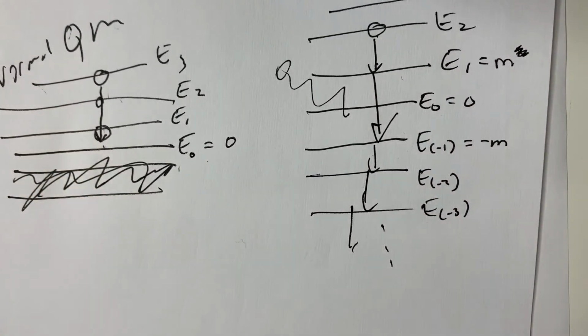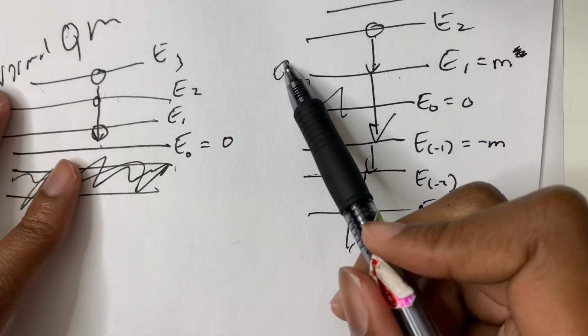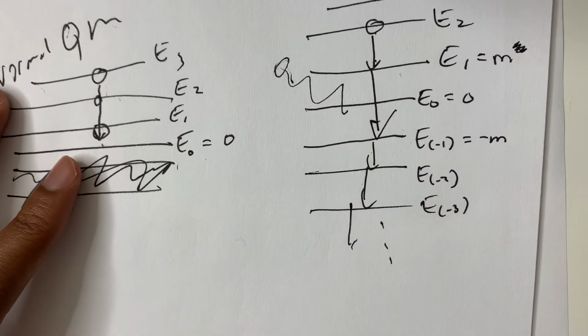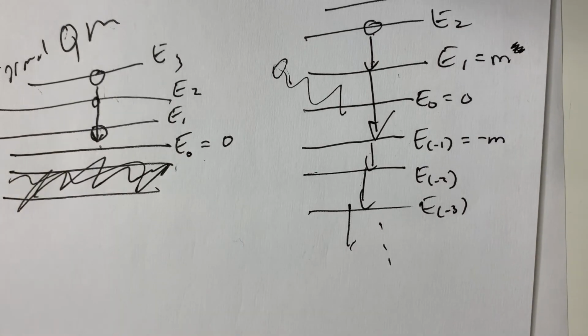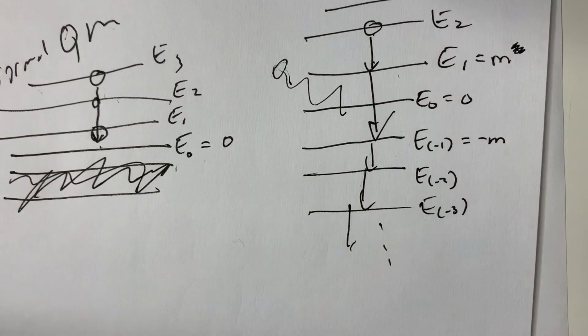The particle is in this rabbit hole where it keeps falling down into lower and lower energy states, and it can just keep emitting photons. In fact, it keeps emitting an infinite number of these photons. And we don't measure electrons emitting an infinite amount of light, right? So something is clearly wrong here.